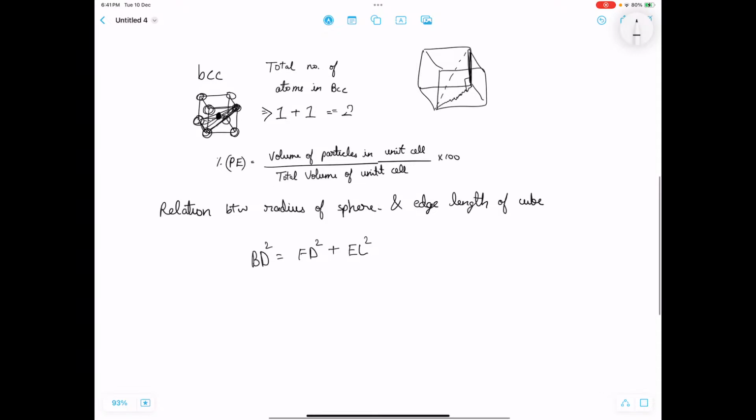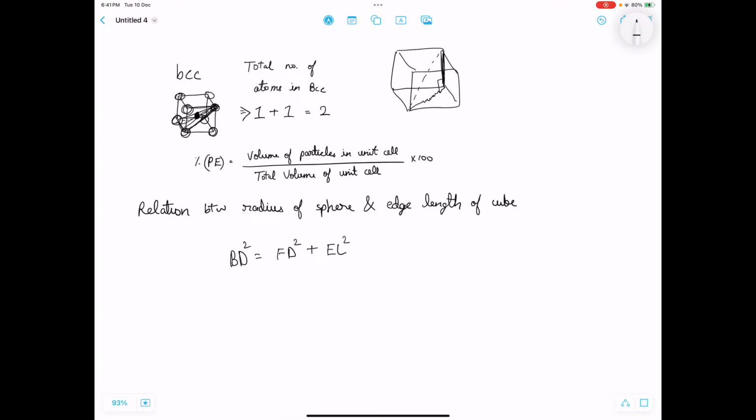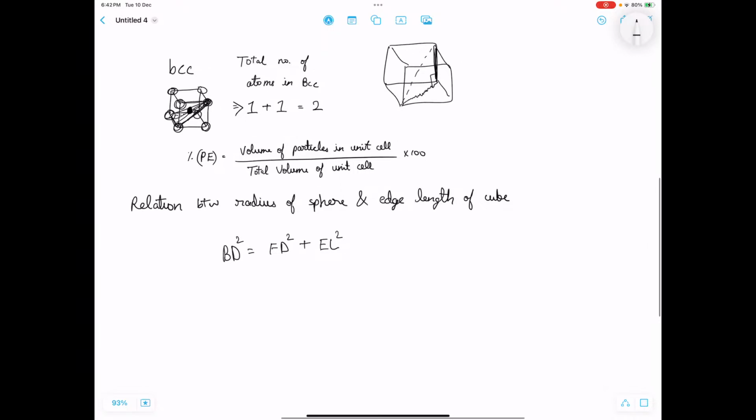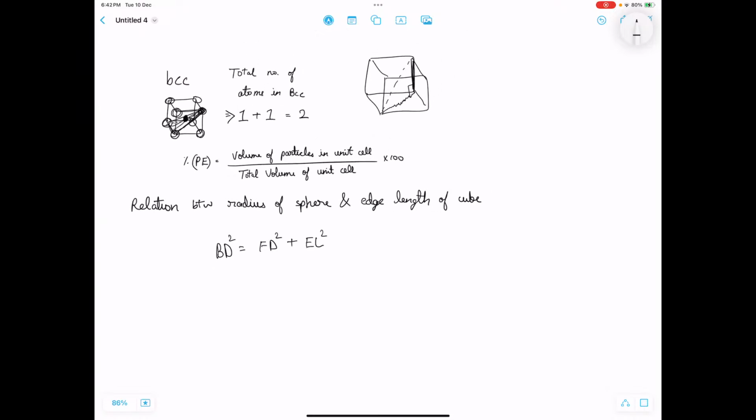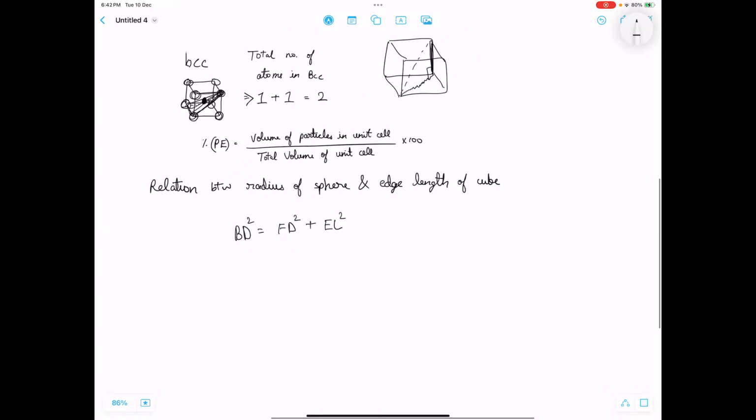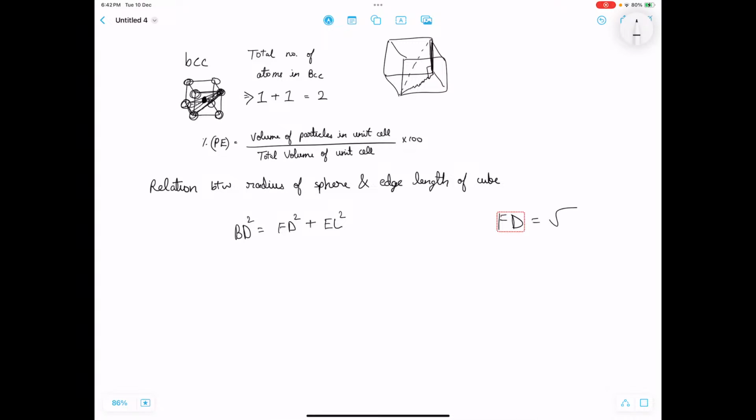Now from previous derivation we also knew that face diagonal is equal to root 2a.